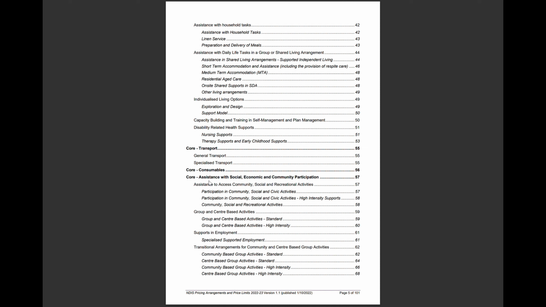And then the last category in the core budget is assistance with social, economic and community participation. So here you've got information about the prices relating to services, or the prices that get applied to services to help people to access the community and do the things that they want to do, whether that's work, whether that's follow an interest or be part of a group.